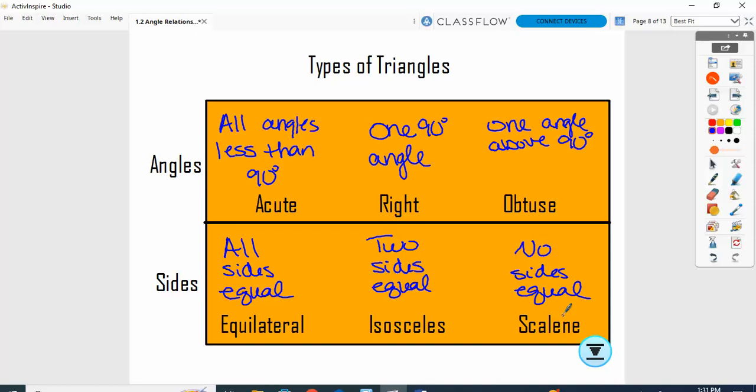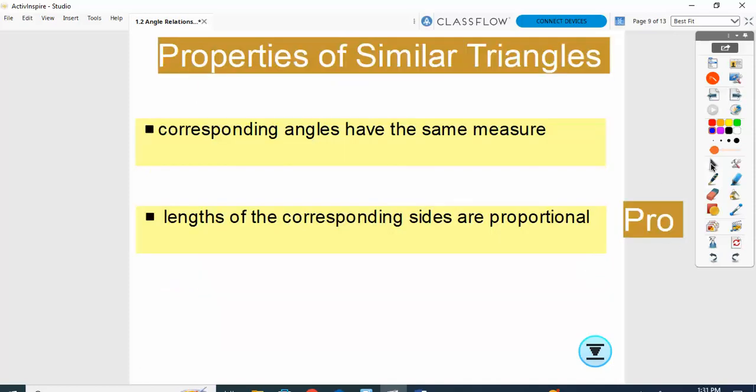What am I talking about when I say similar triangles? So similar triangles are triangles where their angles have the same measure and their sides are proportional.